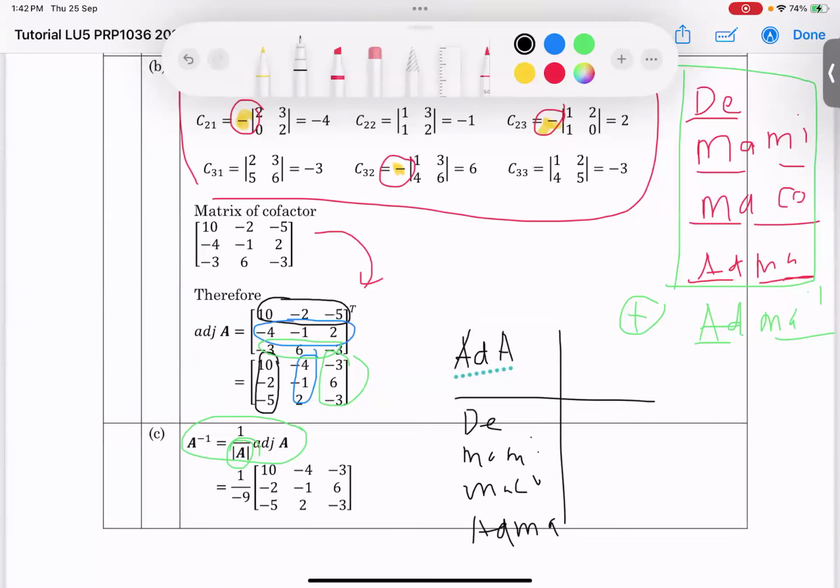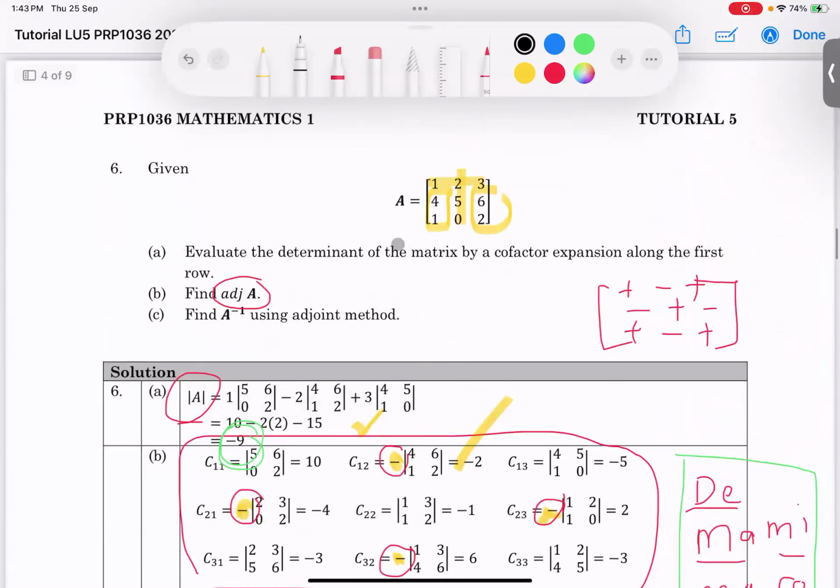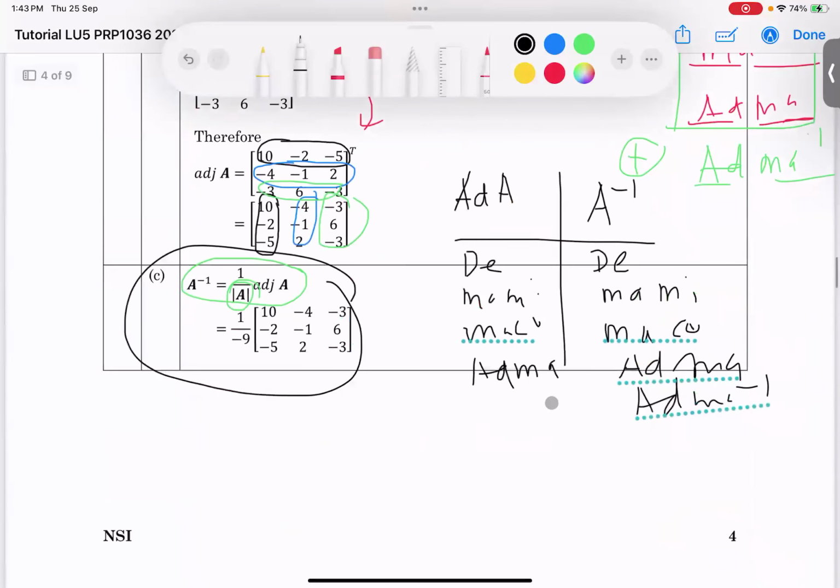But if the question asks you to look for the inverse of A, you have to find the matrix minor, the matrix cofactor, then the adjoint matrix, and then the inverse. So there are two types of questions that you will find. These are exam questions. Normally they are direct questions. Then how do we apply the matrix minor, cofactor and adjoint in a problem solving question?